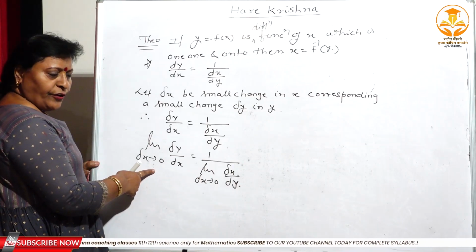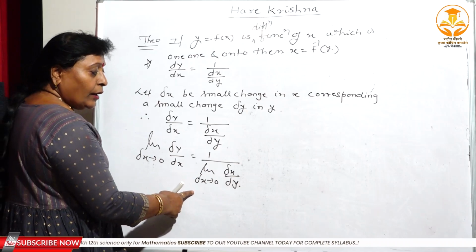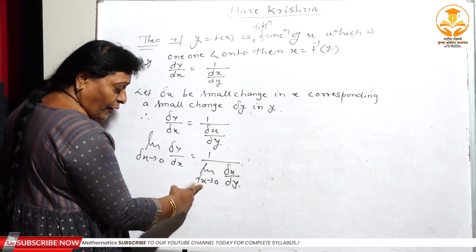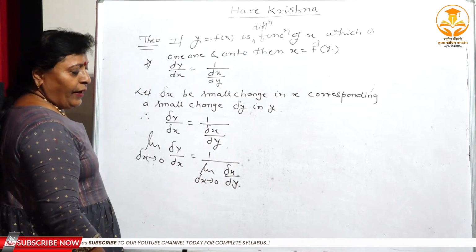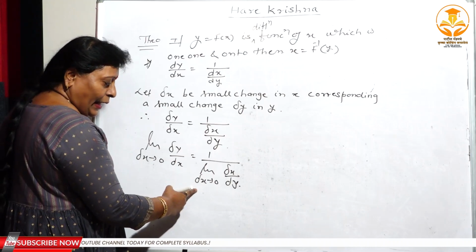Now by the definition of a derivative, here you can write directly dy by dx, but to apply the definition of the derivative, in place of del x we want del y here. Again, in place of del x, how will you write del y, isn't it?